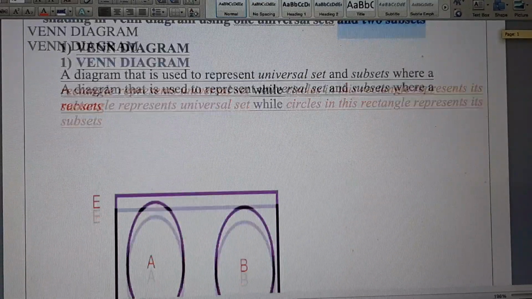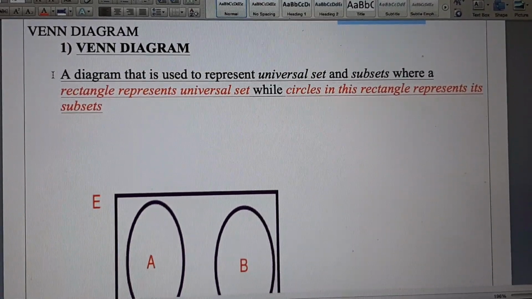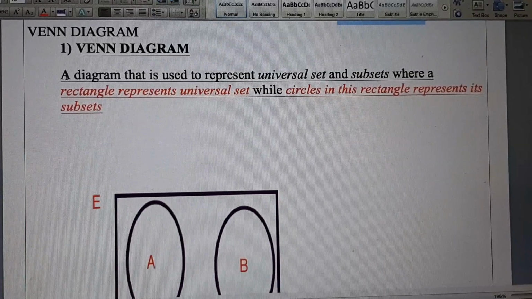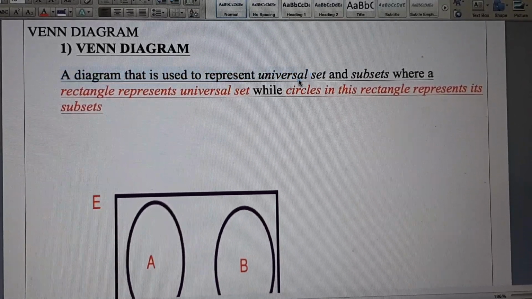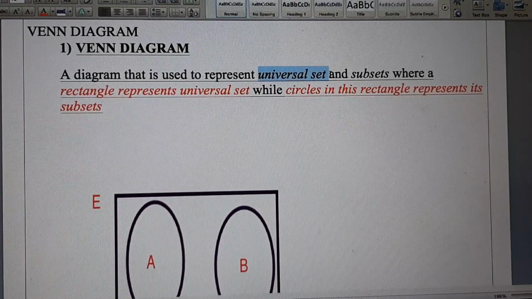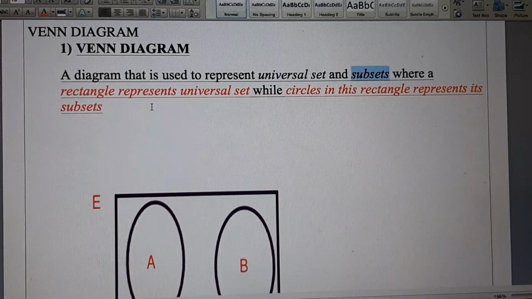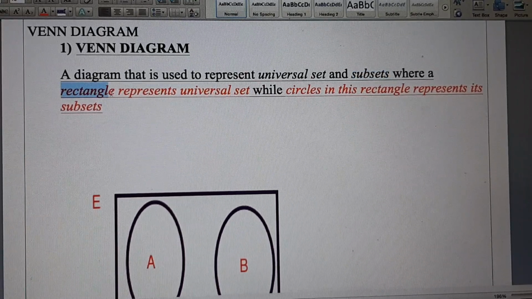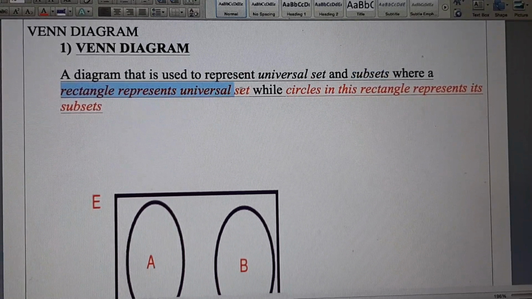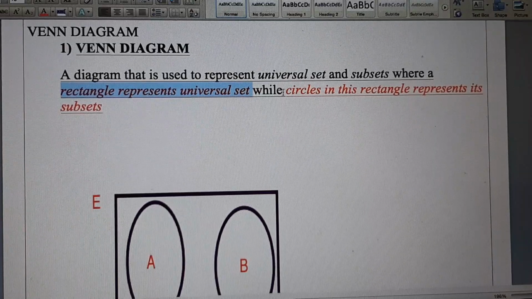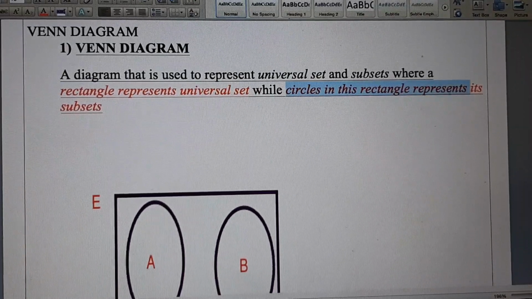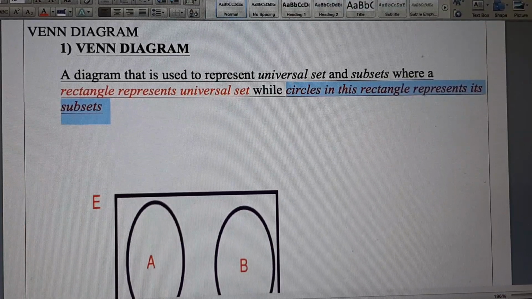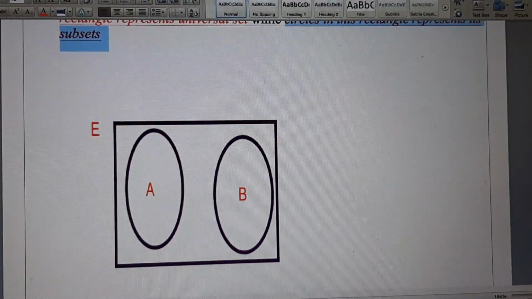The concept of the Venn diagram was given by John Venn. A Venn diagram is a diagram that is used to represent a universal set and subsets, where a rectangle represents the universal set, while circles in this rectangle represent its subsets, like this.